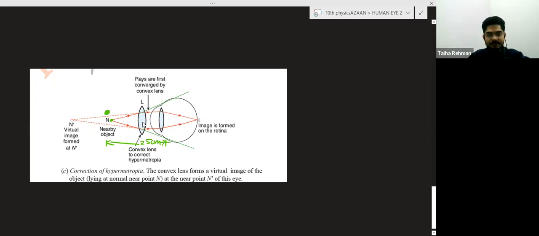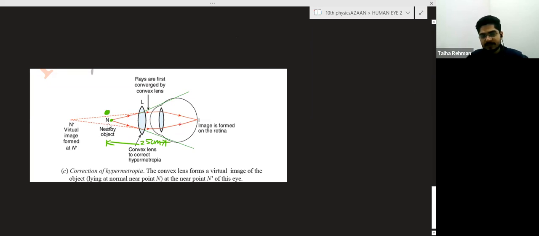So basically, now again I am telling what is happening here. This is the nearby object, and these are the rays from the nearby object, and these rays are converged like this. This is the convex lens, and this is the object. So this convex lens will produce a virtual image of this object at the near point of this hypermetropic eye.